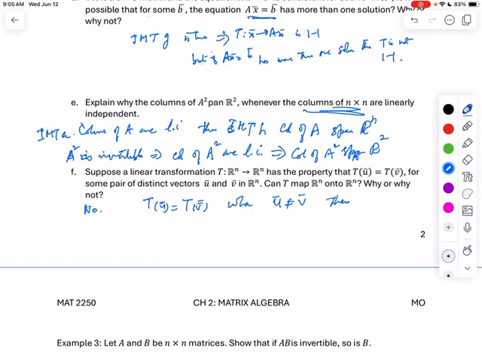So if it is not 1 to 1, it means it is violating the IMT F. So if it is not 1 to 1, which implies T is not onto. Okay, I will stop here and then do the next example or next examples in the next video.